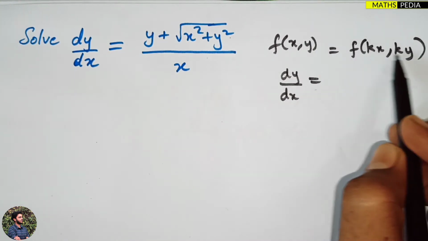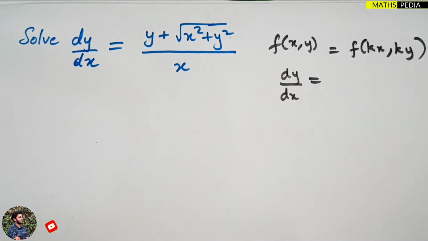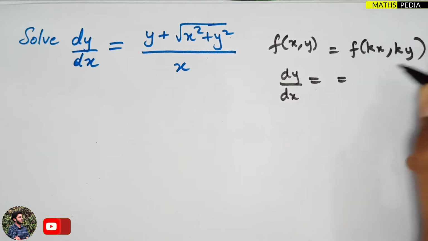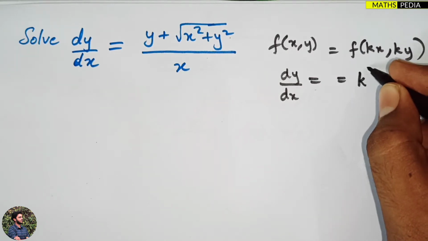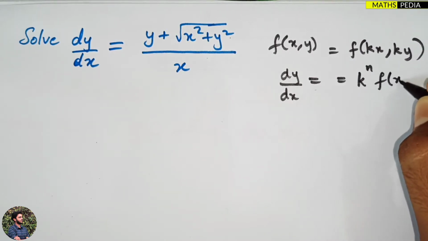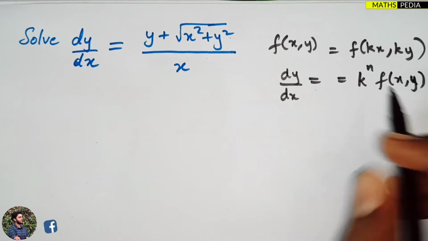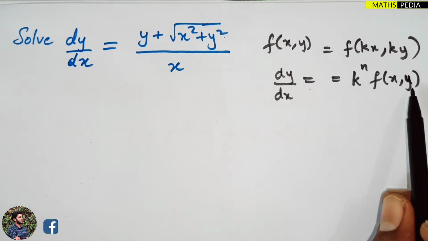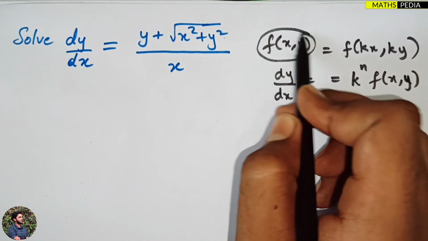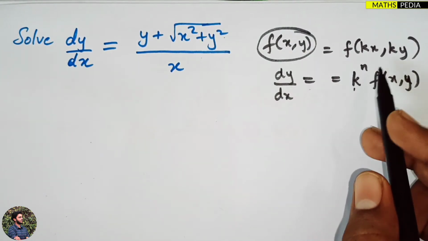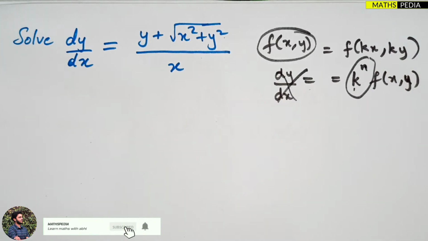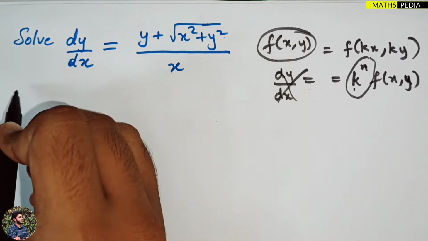Then you need to bring it in the form of k power n into f of x comma y. You need to bring back the same thing and into k power n. Now, this power n decides the degree of the homogeneous equation.